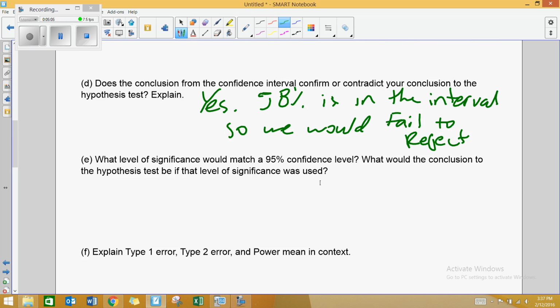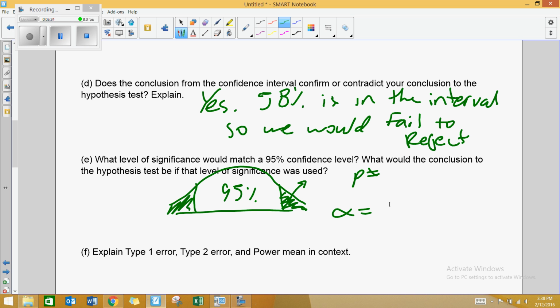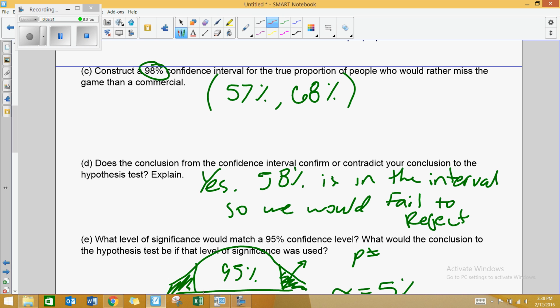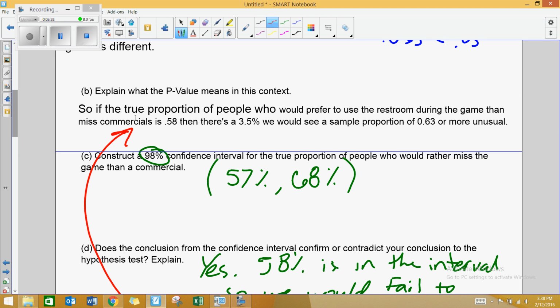So what level of significance would match a 95% confidence level? So if I conduct a 95% confidence level, then these rejection regions out here, these shaded parts, because it's a two-tailed, so I was saying p not equal to, this gives me a significance level of 5%. So a 95% confidence interval, the conclusion from here would match this conclusion right here.